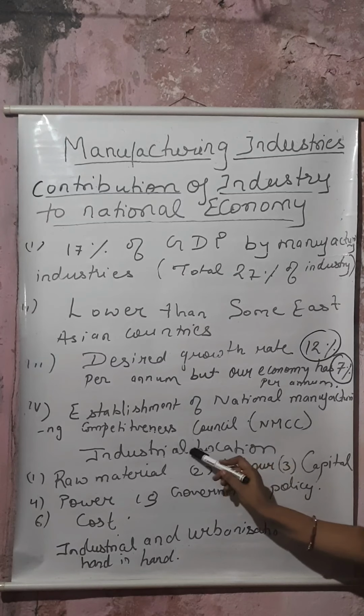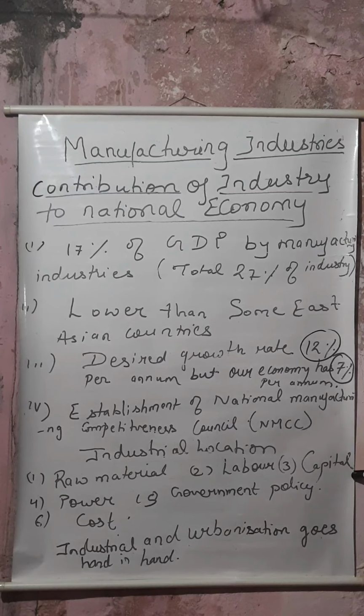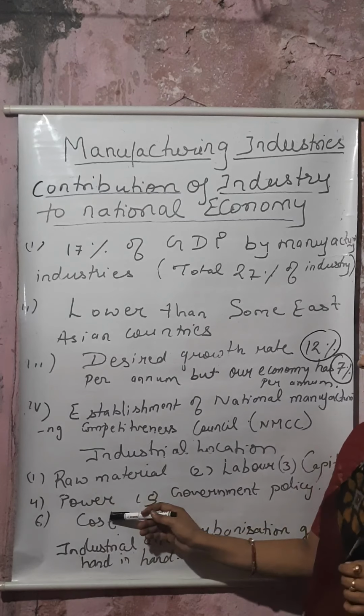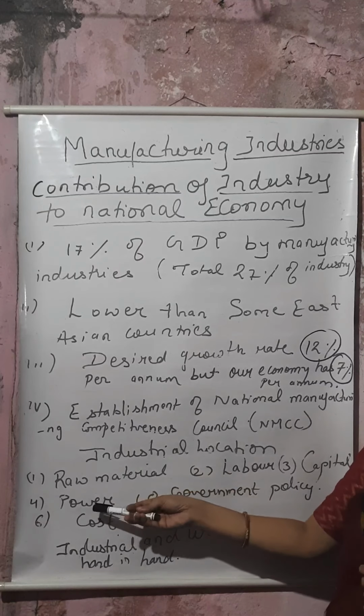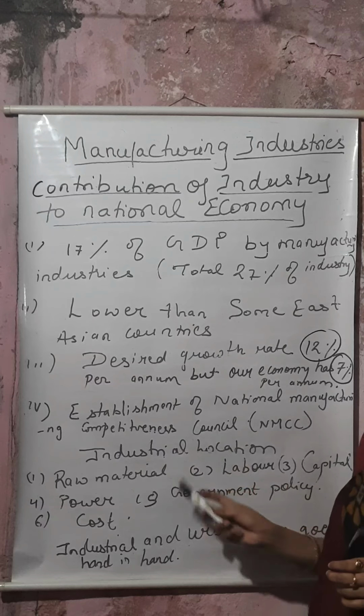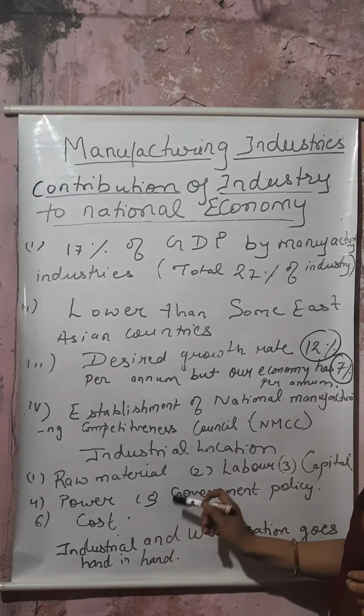Industries will be set up where they get cheap labor. Third, capital, which they can easily get. Fourth is power, electricity. This is very necessary for industry, so it will be set up where power is easily provided.